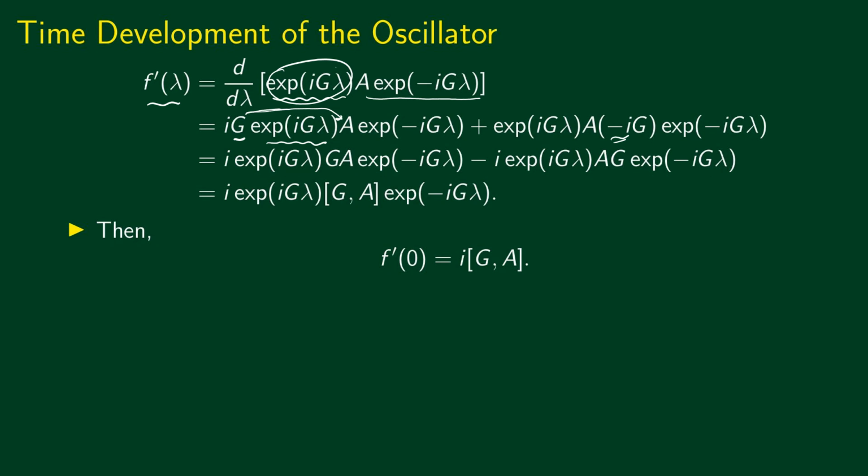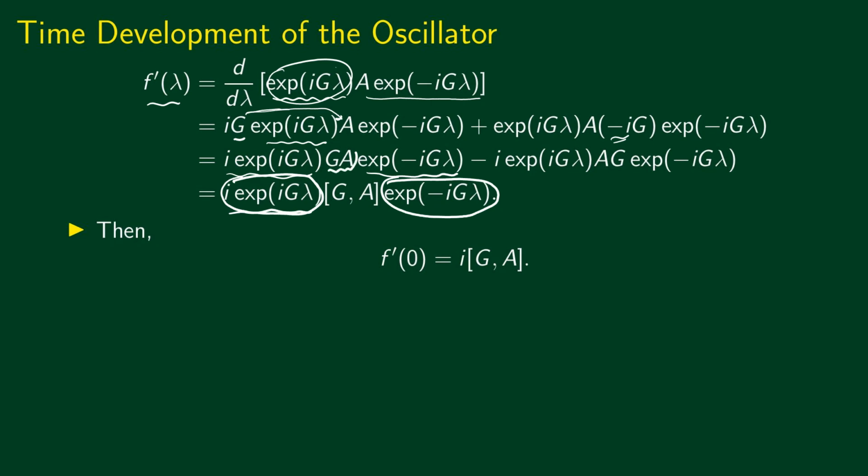Now you look at the term, you see that we have i exponential ig lambda here and i exponential ig lambda here as well. Okay, and on the right side also we have exponential minus ig lambda here and exponential minus ig lambda here, which means that we can take i exponential ig lambda as a common term on the left. Okay, and exponential minus ig lambda is a common term on the right. What are we left with?